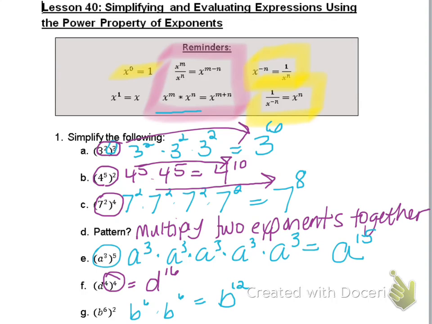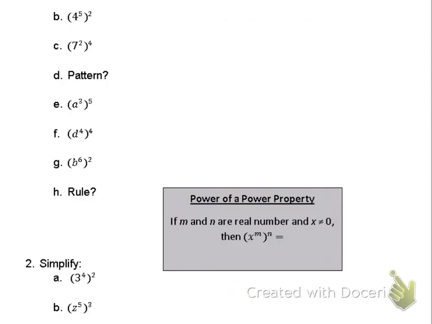So at the bottom there, I'm going to move on to the next screen here. What is the rule? I have put this box here for you to fill in the rule, the power of a power property. So in this box here, if m and n are real numbers and x does not equal 0, so you can't have an exponent of 0, otherwise it's just 0, then we multiply m and n.